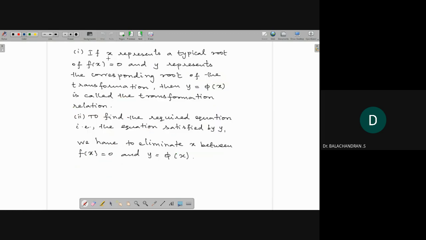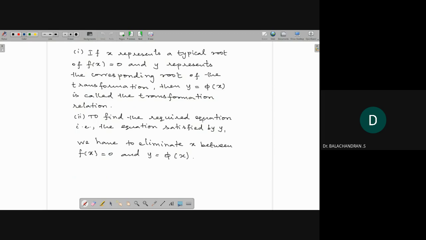Okay, first step: if x represents a root of f of x is equal to 0 and y represents the corresponding root of the transformed equation, then y is equal to pi of x is called the transformation relation.